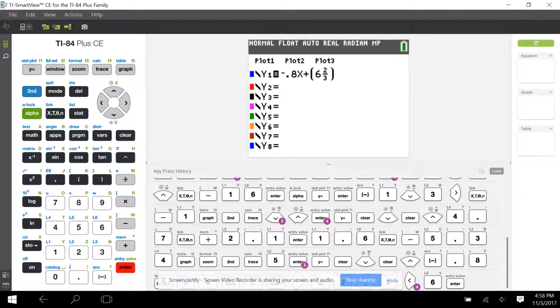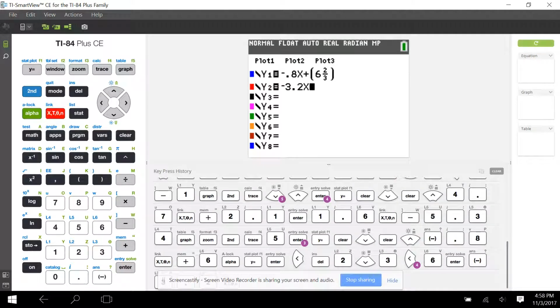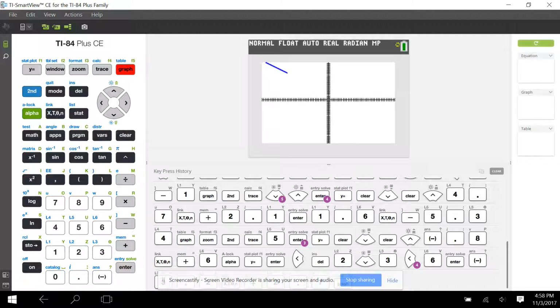Okay, so there's that, and then my other one's going to be negative 3.2x plus 2.7. Graph. Second, trace, 5, enter, enter, enter.